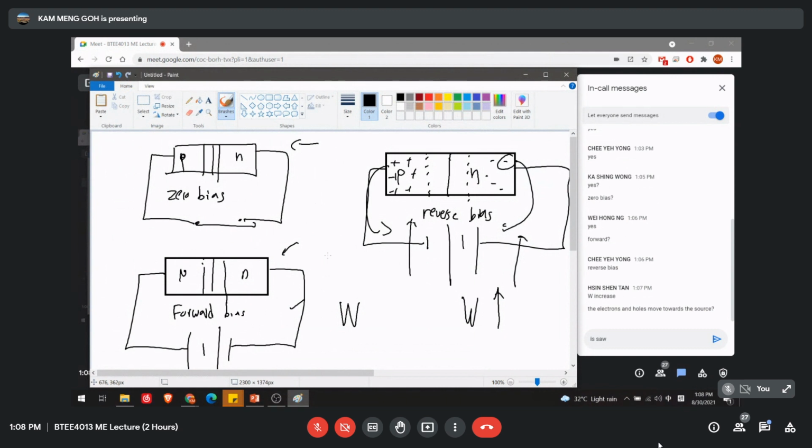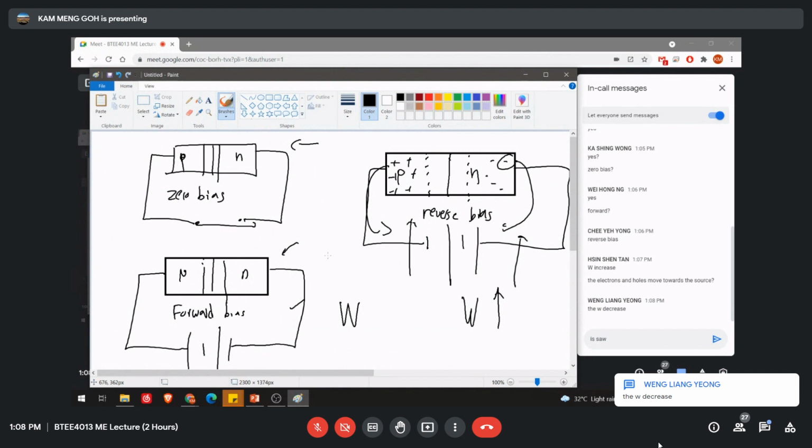Width decrease. Why do you think the width will decrease? Yep.